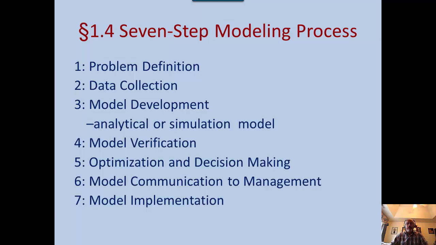And then you communicate the decision by writing a report about the model and presenting it to the management. The final decision is made, then you implement the model. So these are the steps that you have to go through in the modeling process.